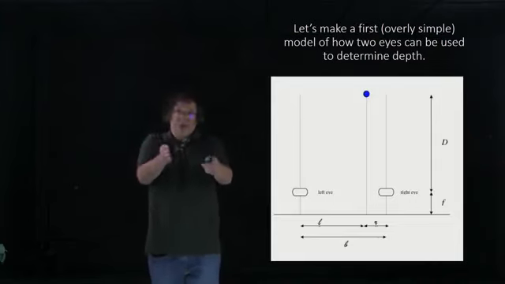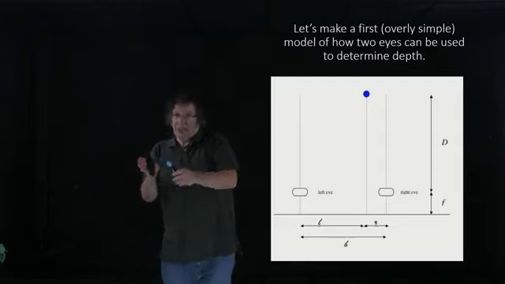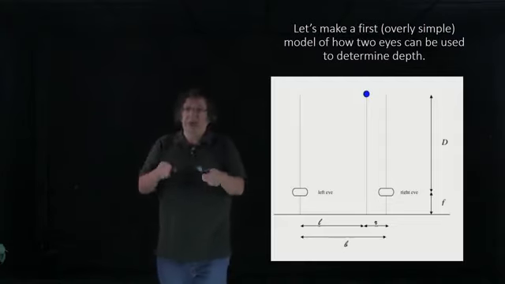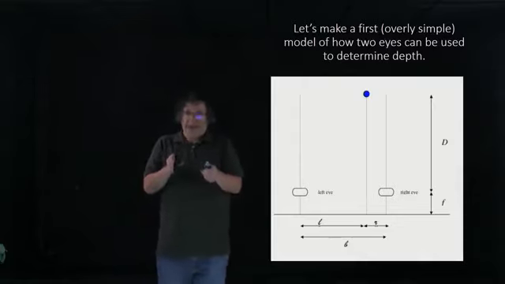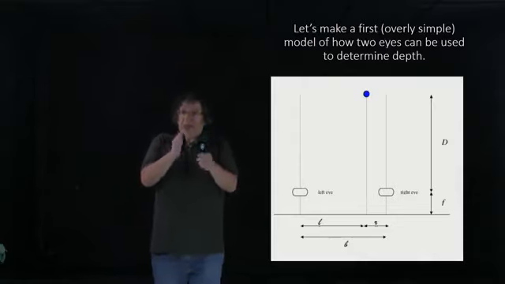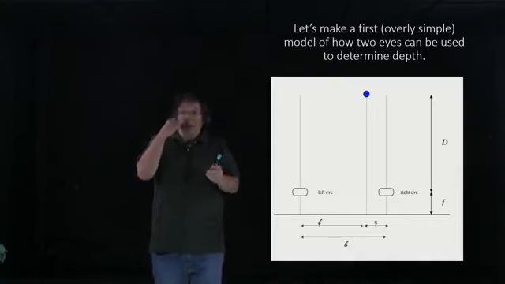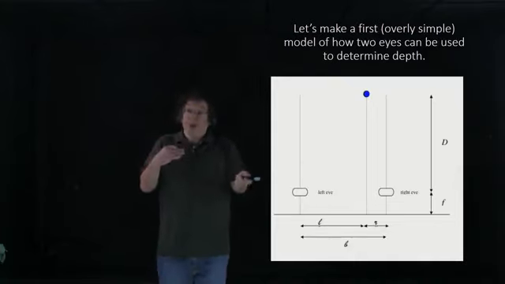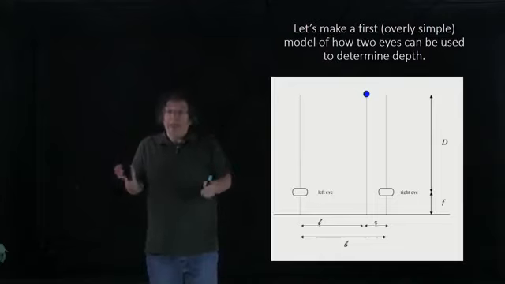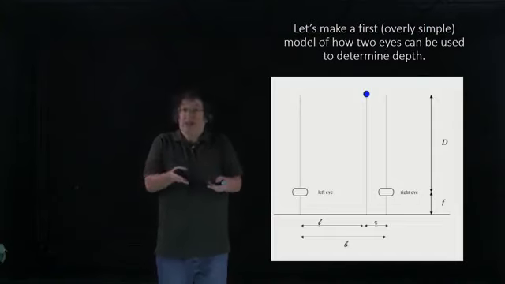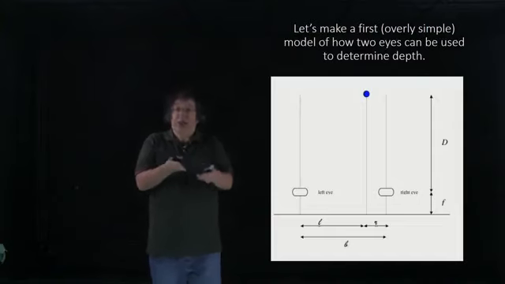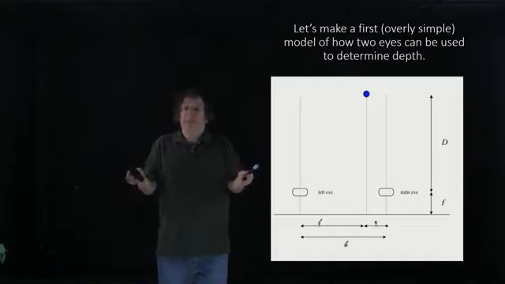The distance from the center of the left eye to that intersection, we've labeled L, script L. And the distance from that point to the right eye, we've labeled R, script R. The distance between the left and right eye, in other words, the sum of L and R, L plus R, equals this thing called B.